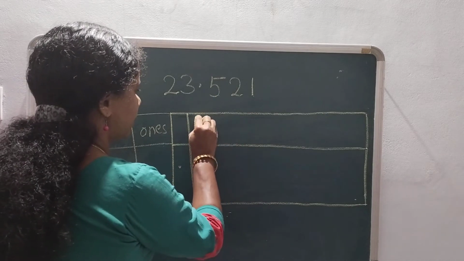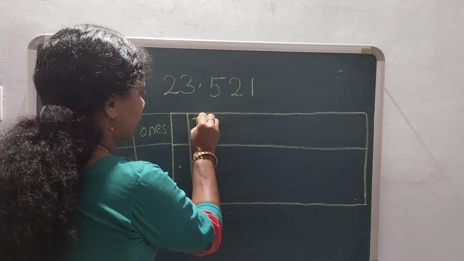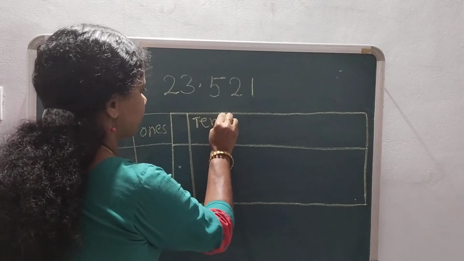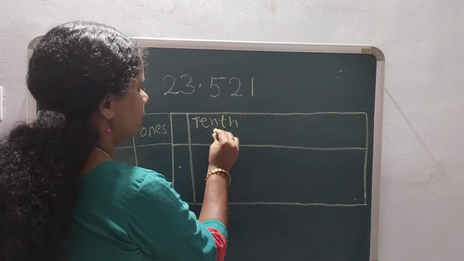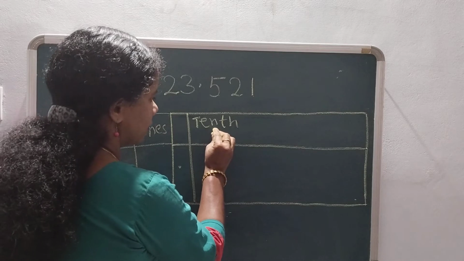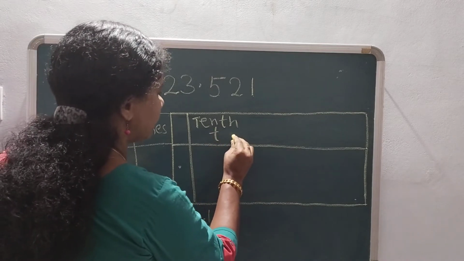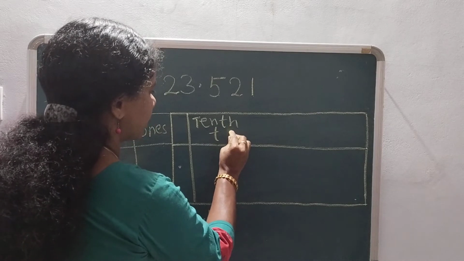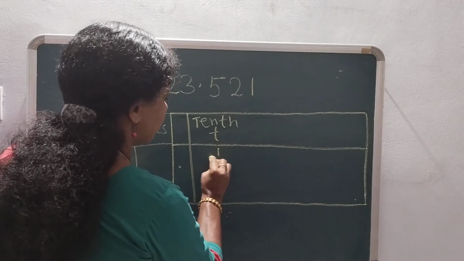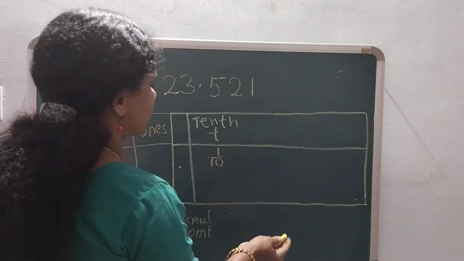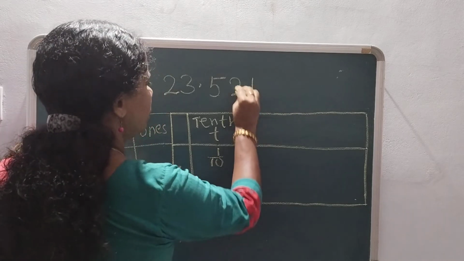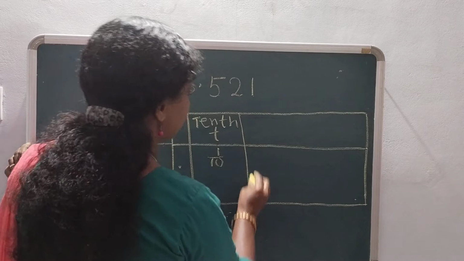Okay, what is the place value here? Tenths. And how will we represent it? We will represent it with a small t, and with the fraction 1 by 10.